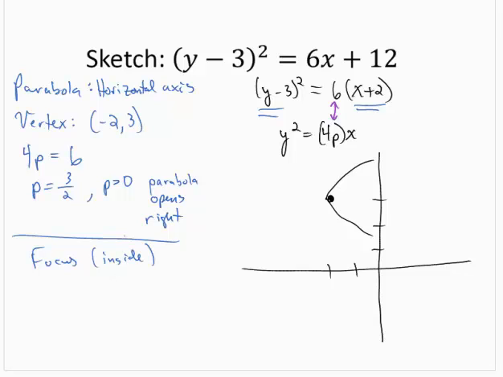And it will be p units inside the parabola on the horizontal axis. So 3/2. So the focus is going to be at the ordered pair -2 plus 3/2, comma 3. That's the same thing as -1/2, 3. And so the focus is here.